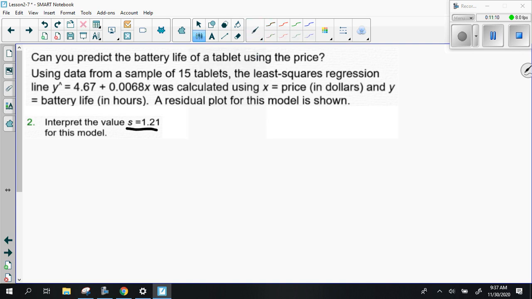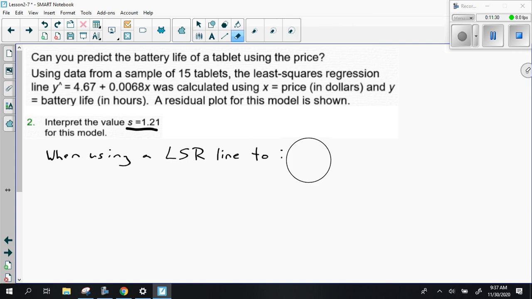So here we go. When using a least squares regression line to predict, and what are we predicting? What does y hat predict? Battery life.